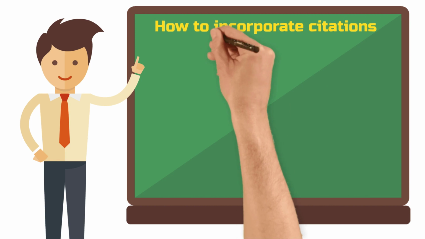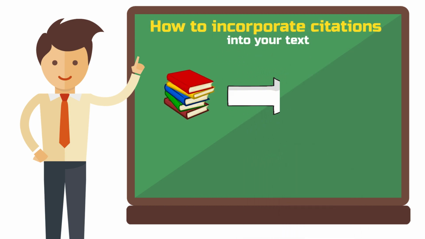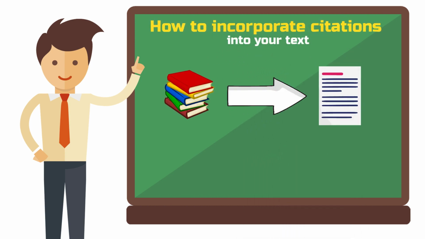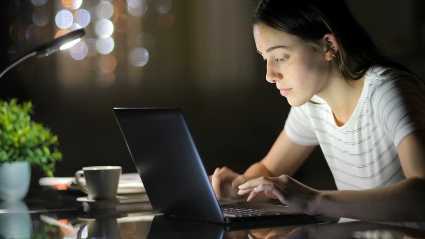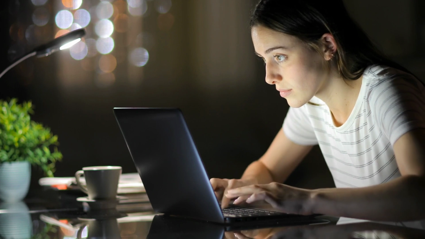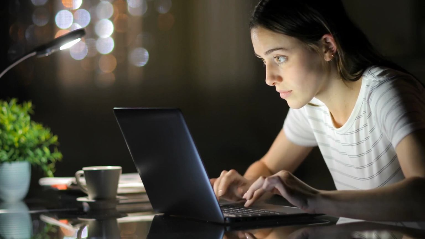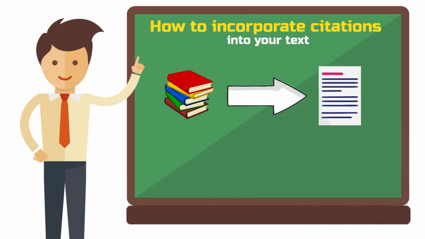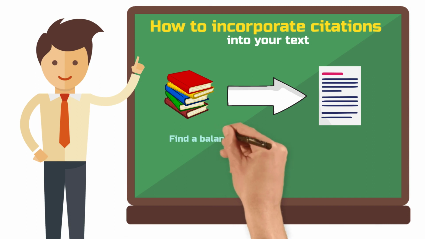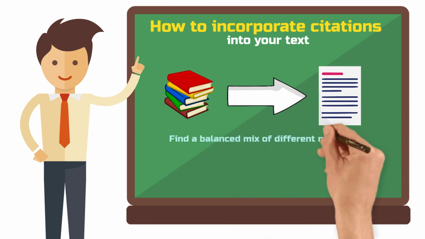Now let's talk about the different ways you can integrate citations into your text. If you've already written an academic paper before, at least 2 of these methods should sound familiar to you. If one of them is new to you, great. It will bring more variety to your next paper. The secret to good citation lies in finding a balanced mix of different methods.